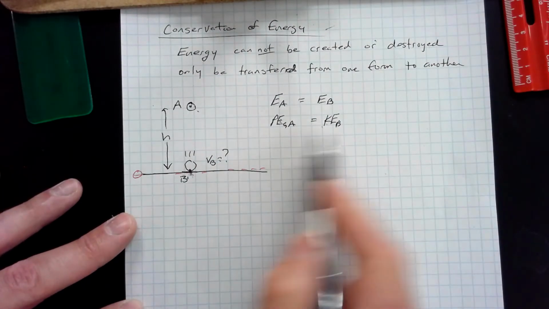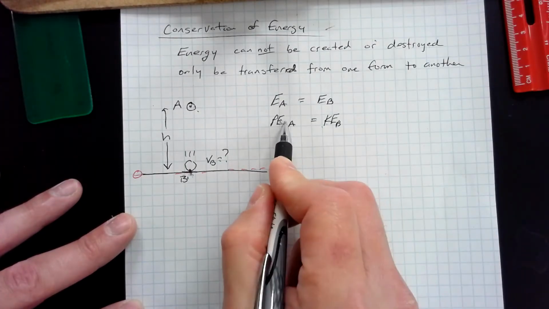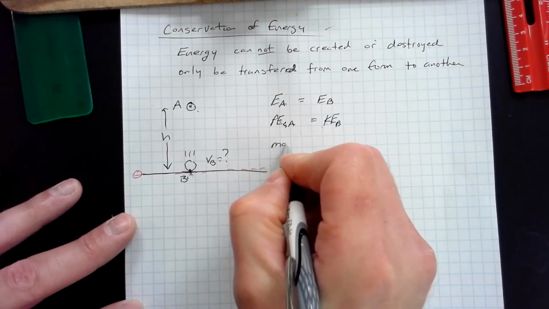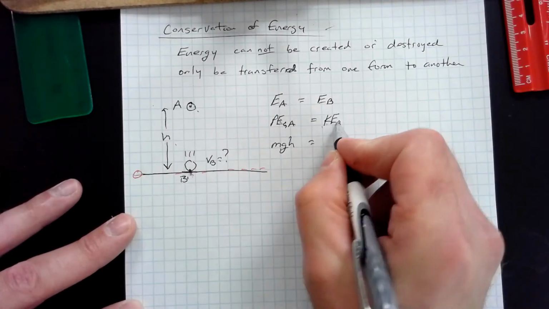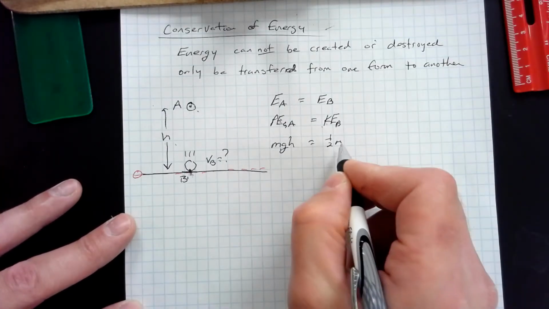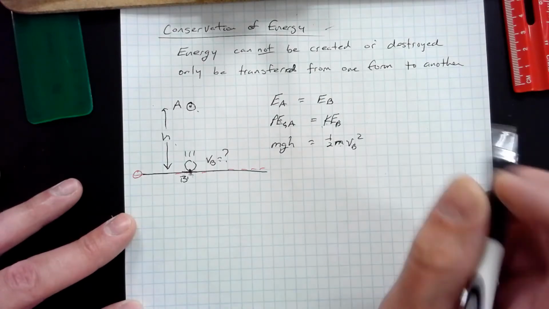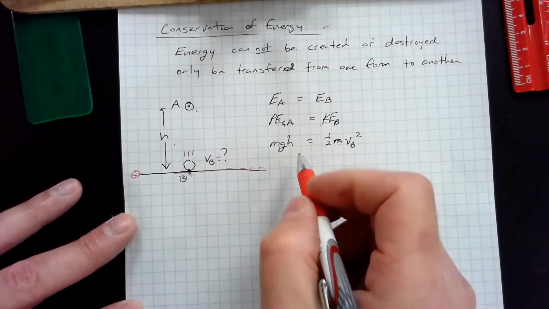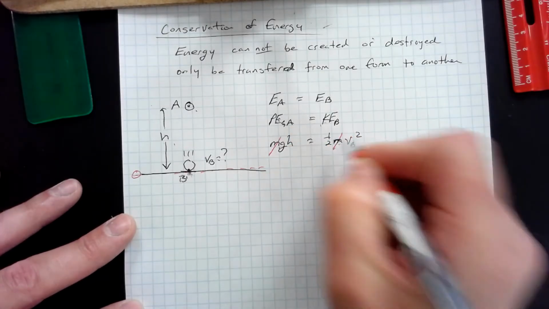Okay, so now we have to make sure that we get V into this relationship. Well, we know what potential energy due to gravity is. That's mgh, and I'm using little h. Kinetic energy at the bottom is equal to 1/2 the mass, these are the same masses because it's the same object, and the velocity at point B squared. Now, what's nice, whenever there is no spring, masses cancel.